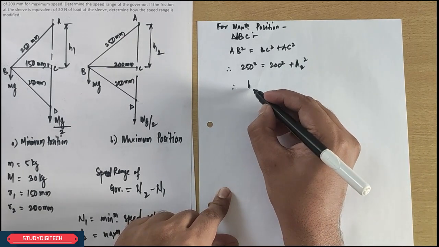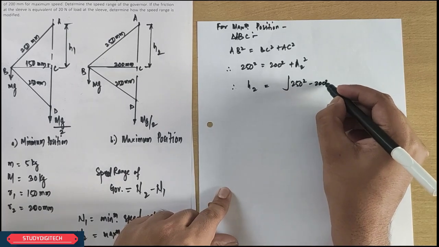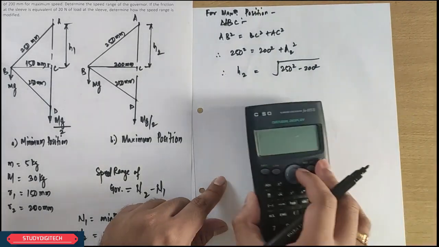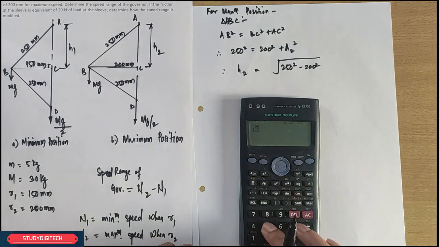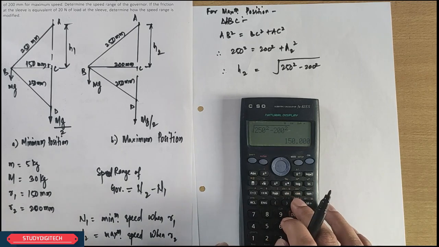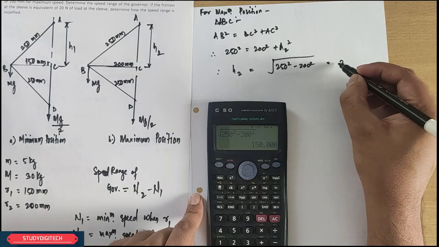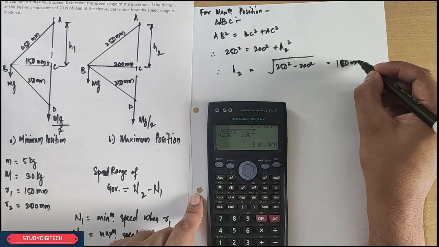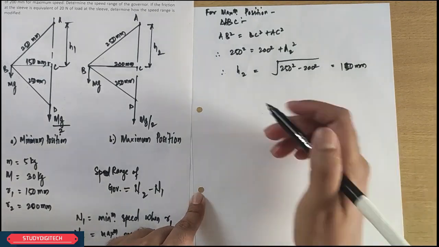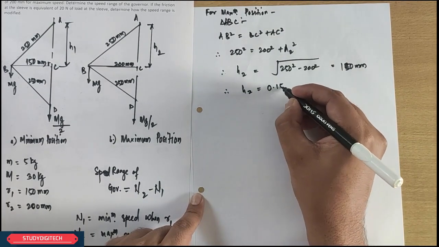So we have h2 as under root 250 square minus 200 square. So the value of h2 is 150 mm. In terms of meter, h2 is equal to 0.15 meter.